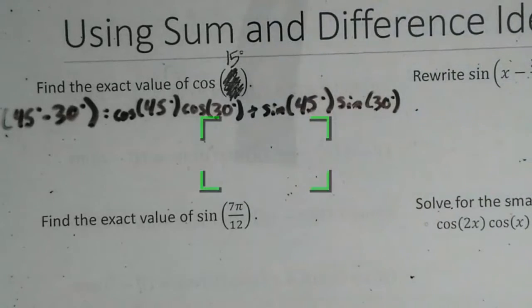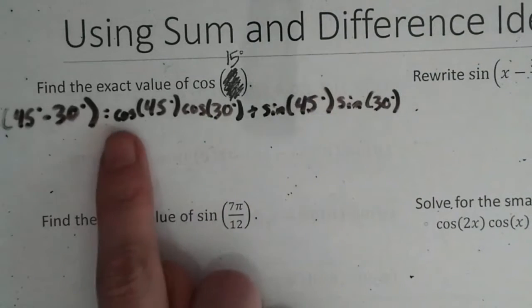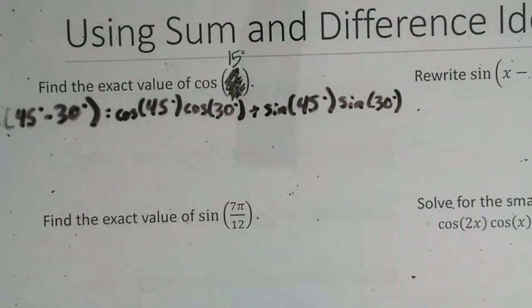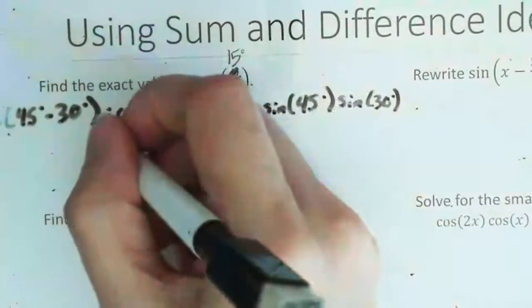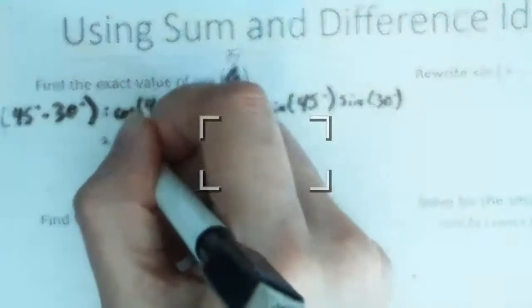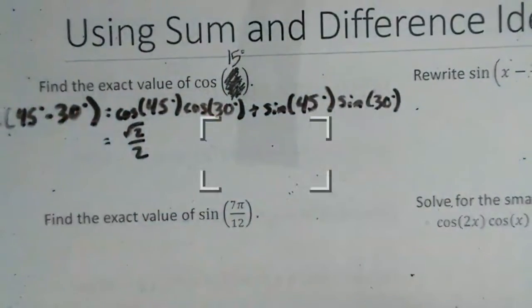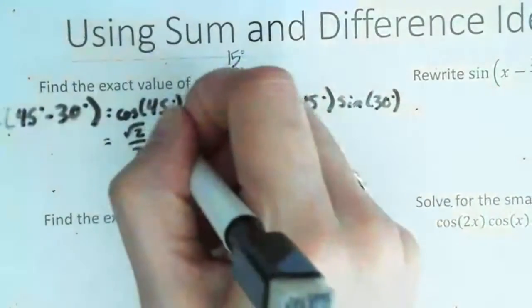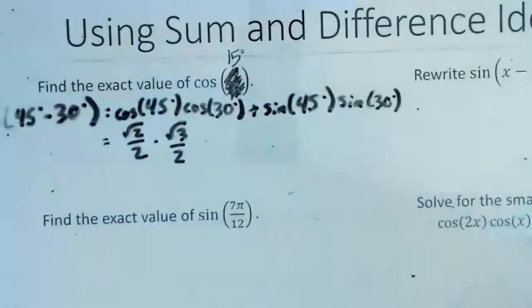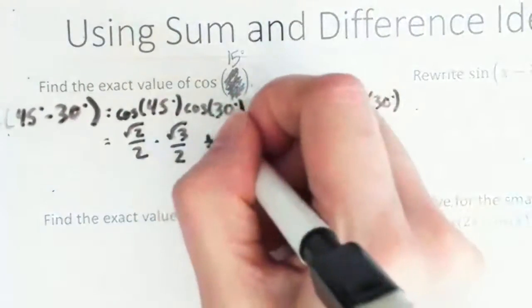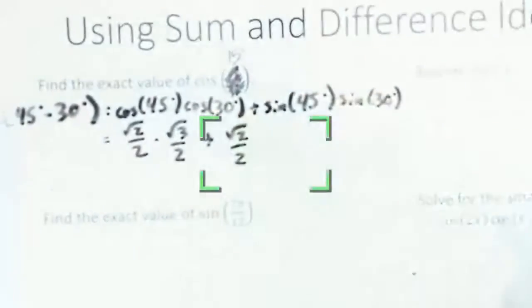Like I said, I like these ones on the unit circle because I know all four of these values. I can just use my unit circle. So plugging in what I know about them, the cosine of 45 degrees is root 2 over 2. The cosine of 30 degrees is root 3 over 2. The sine of 45 degrees is root 2 over 2.